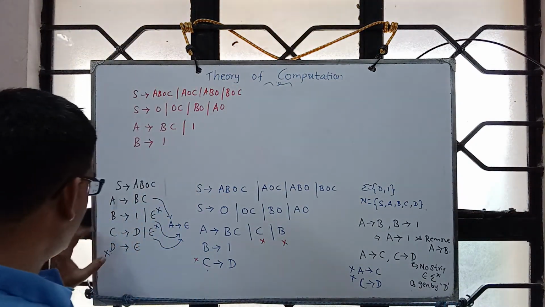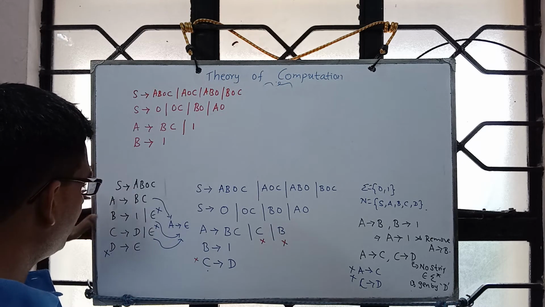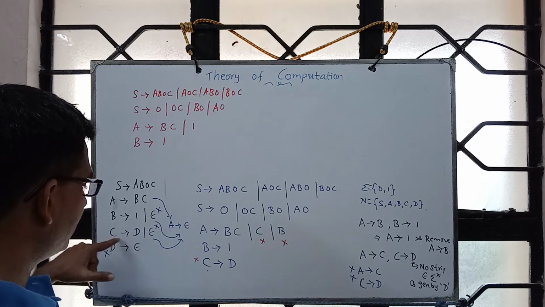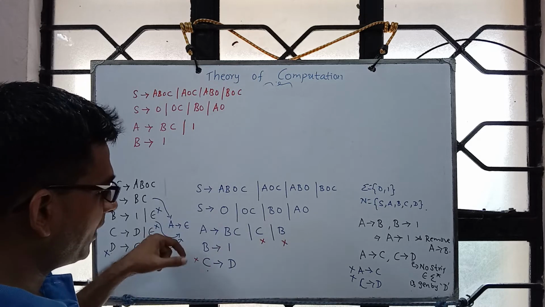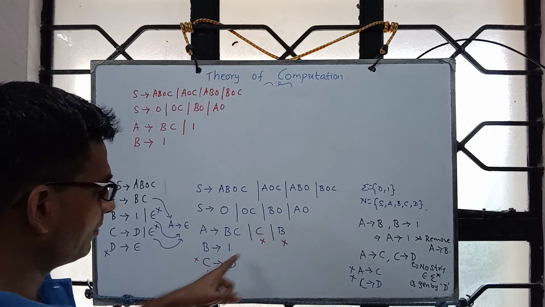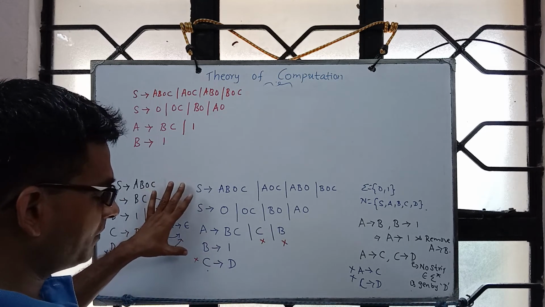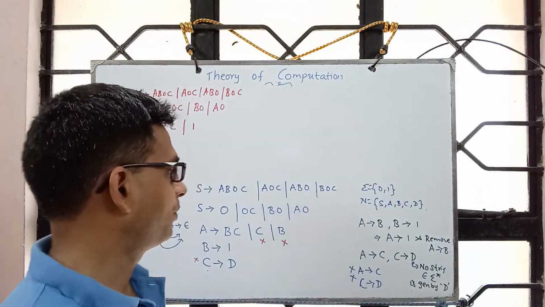For example, if you apply the remove unit production rule first, then we try removing C implies D. However, after applying the first rule that says remove epsilon, we may get some more unit productions. So always apply the remove epsilon rule first, followed by remove unit productions.